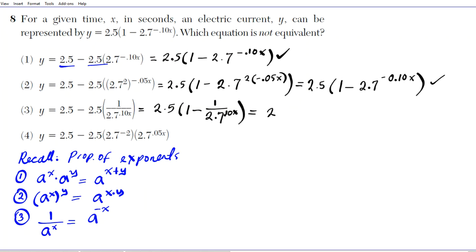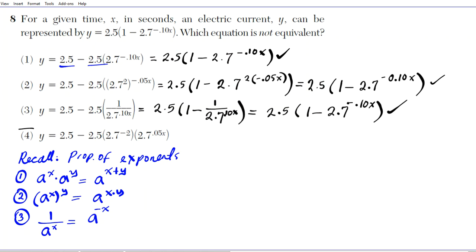We're going to have 2.5 times 1 minus 2.7 using the reciprocal property of exponents. When we reciprocate, the exponent achieves an opposite sign. So since it was positive before, now it becomes negative 0.10x. Compare that to the original, it is exactly the same, so this is equivalent.